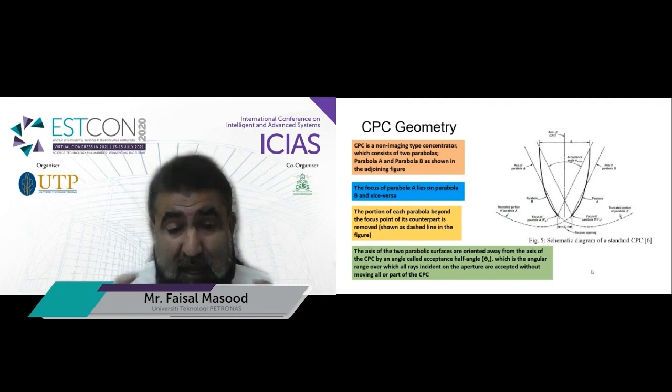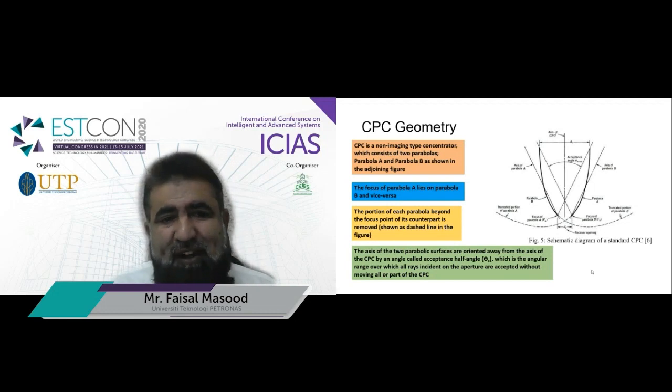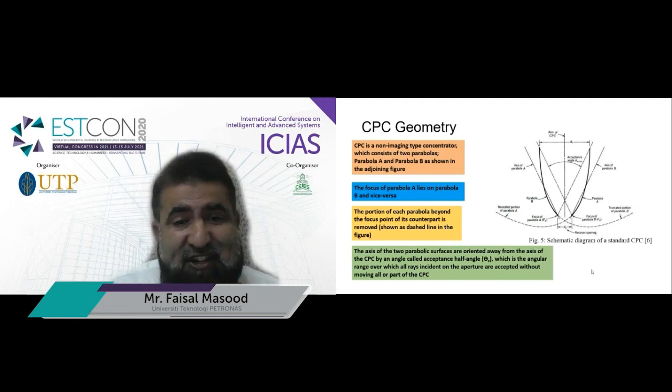The focus of parabola A lies on parabola B and vice versa. The portion of each parabola beyond the focus point of its counterpart is removed, which is shown as a dashed line in the figure.